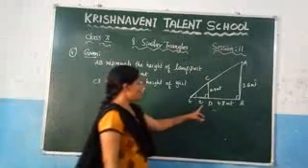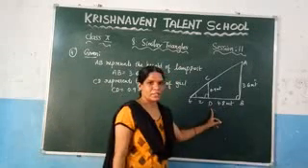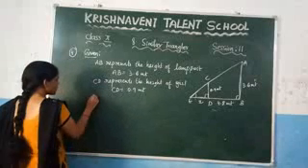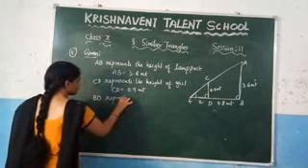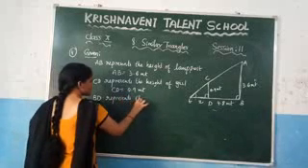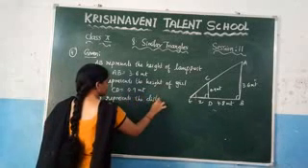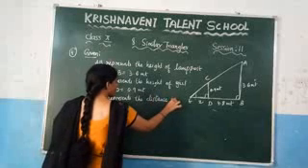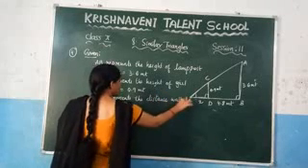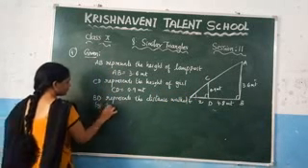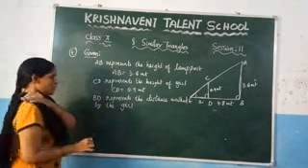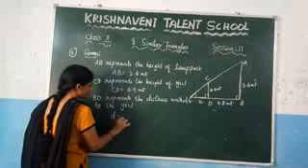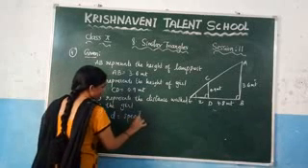And after that, what is BD? It is nothing but the distance walked by the girl. So write it here. BD represents the distance walked by the girl. So here, if you want to find the distance, you know that distance is equal to speed into time.